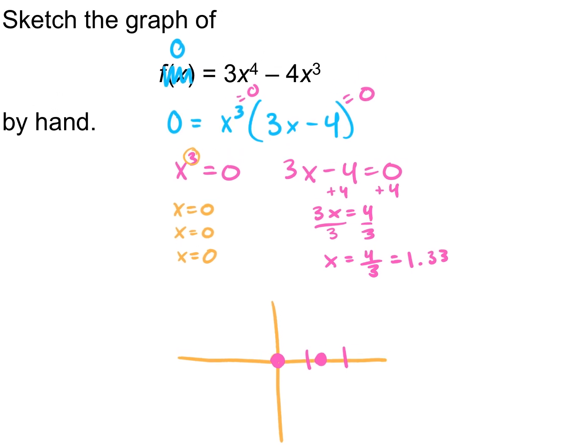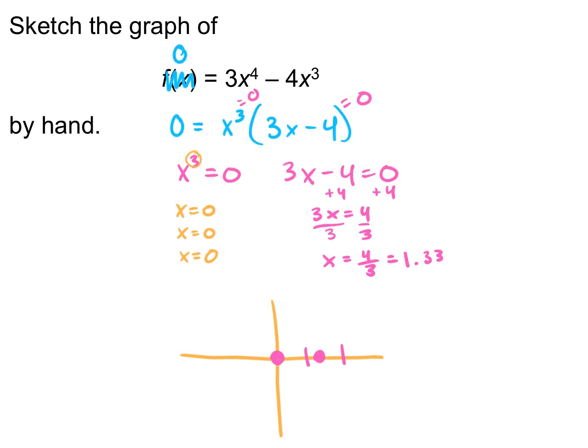Now let's talk about our end behavior. For our end behavior, we look at the term with the highest degree, so that is 3x to the 4th power. Is my exponent even or odd? Even. So does that mean that they go in the same direction or opposite directions? Same. Since 3 is positive, the leading coefficient is positive, are they both going to go up or both go down?